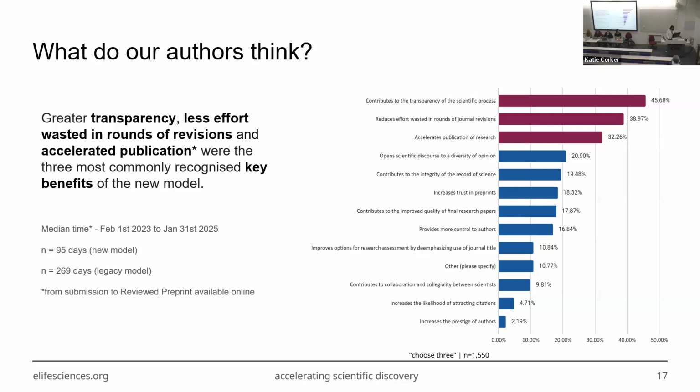So in comparison to our legacy model, we're seeing these articles with the public reviews and assessments published within around 95 days, whereas in our legacy model, this was around 269 days.